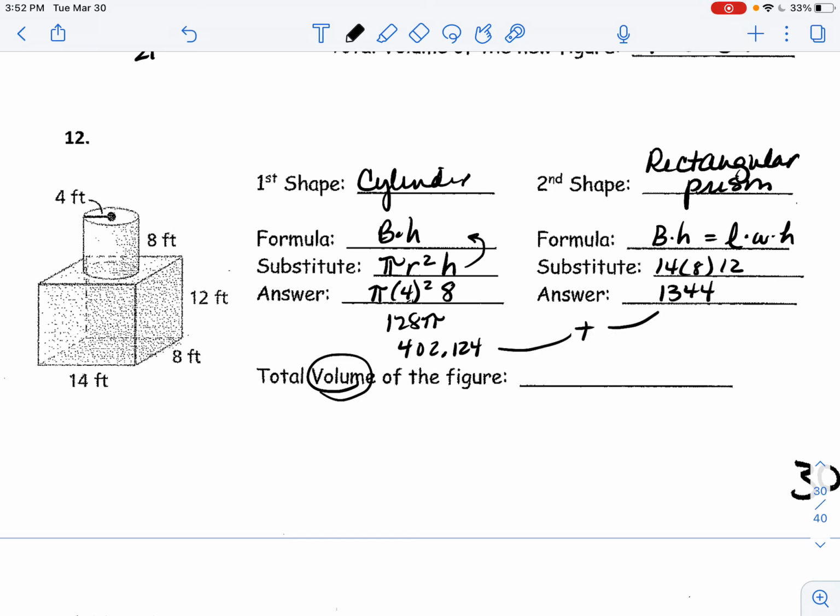And if we want to know the total, I'm going to add these two together. So 1344 plus 402.124 is about 1746.12, and this is going to be feet cubed. If you didn't work out the pi, you would just leave it 128 pi plus 1344 feet cubed.